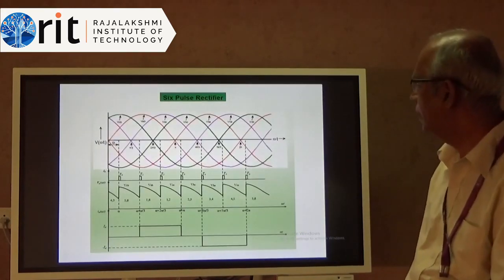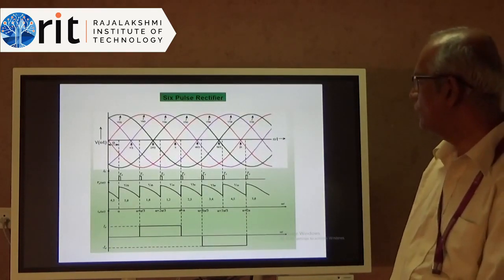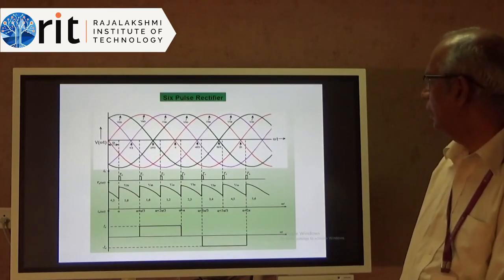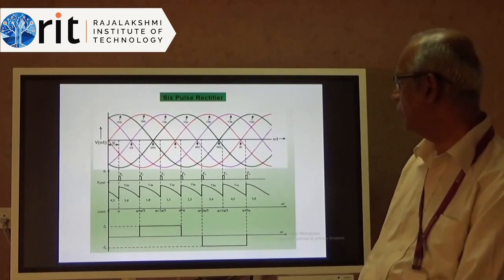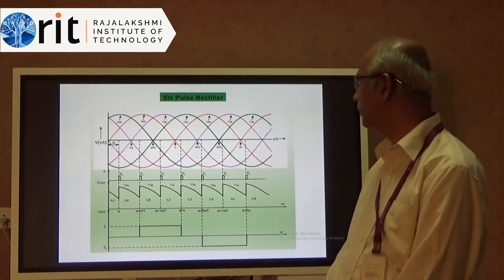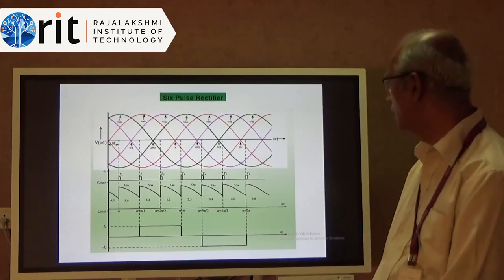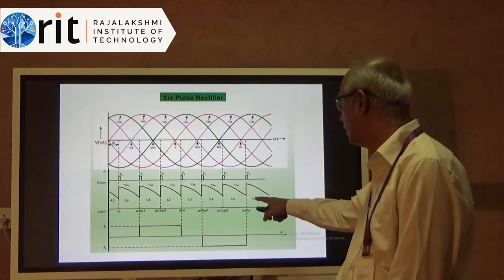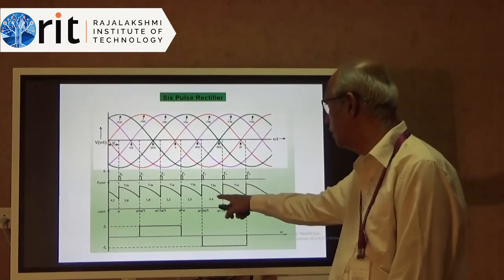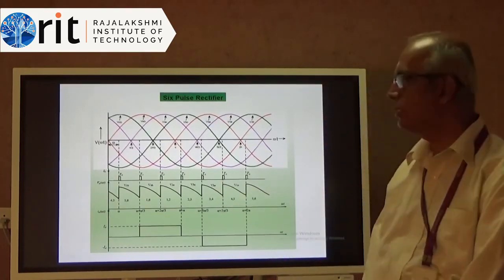So if you see the diagram there, we have 3 phases. Red is one, then we have violet, and then we have green, right? So we have these 3 waveforms corresponding to the 3 supplies, R phase, Y phase and B phase. If you see the bottom diagram, that is your output voltage. The voltage goes up to a maximum value and then it starts falling, and there is a net average DC voltage.